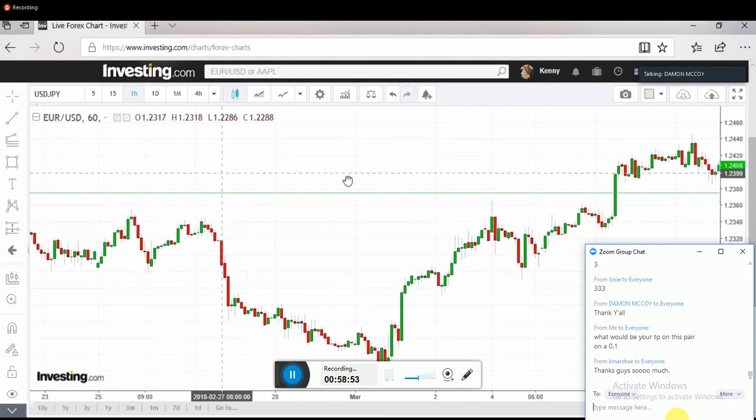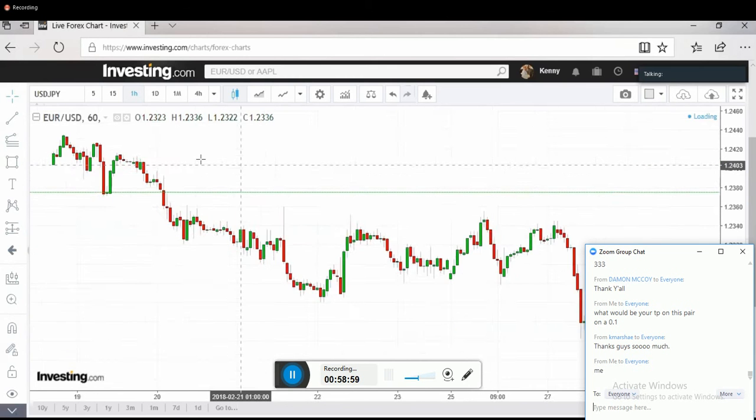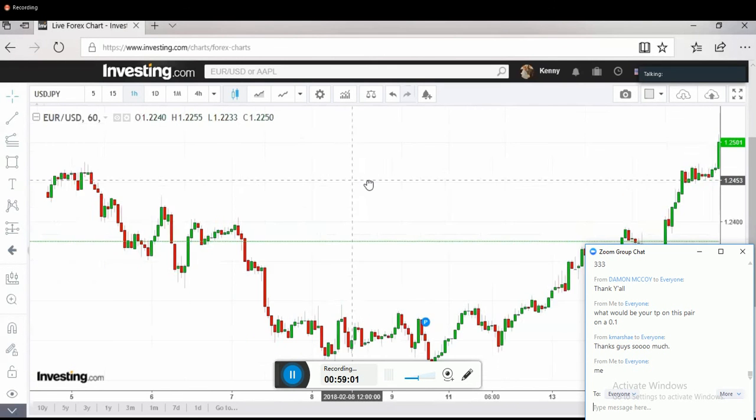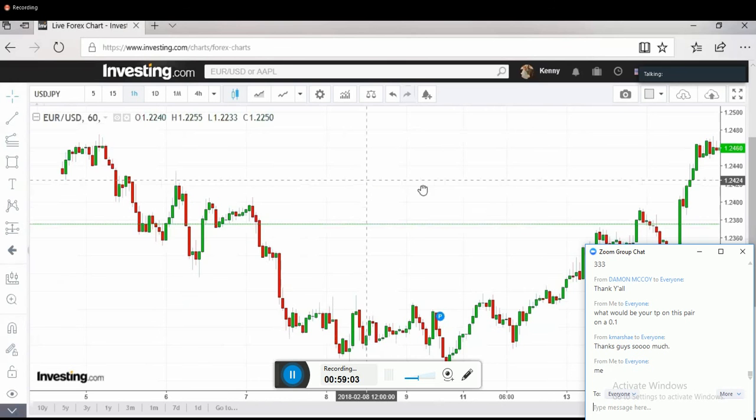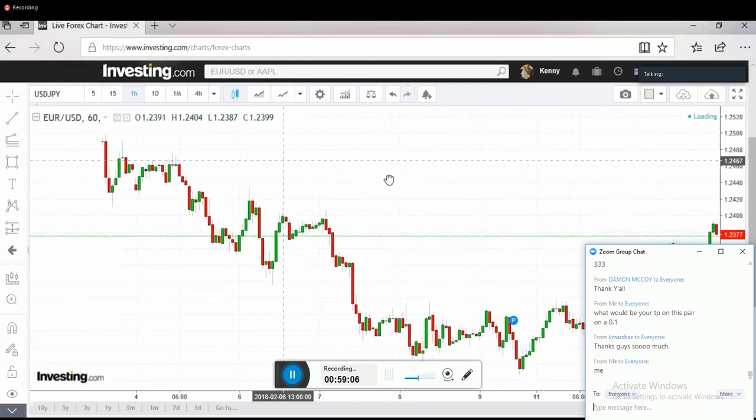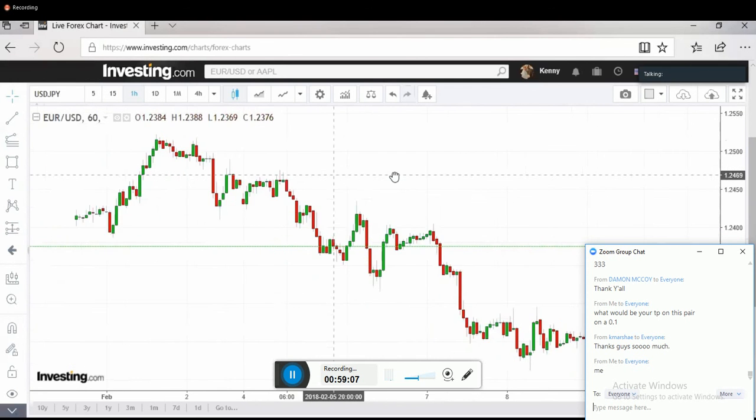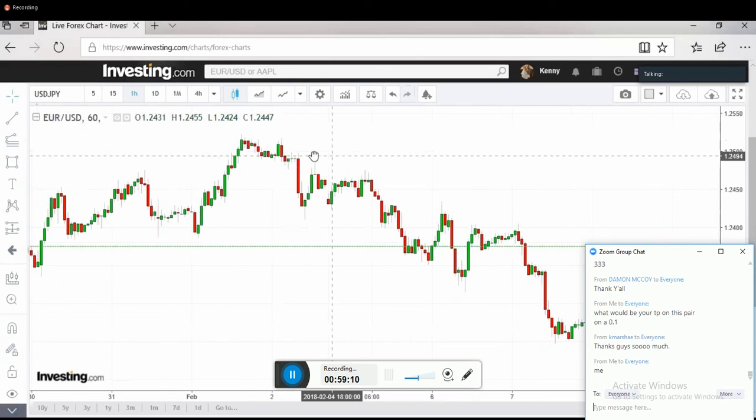Is anybody currently in this pair right now? I can't find a sale one though.